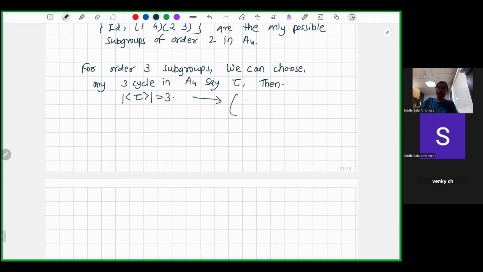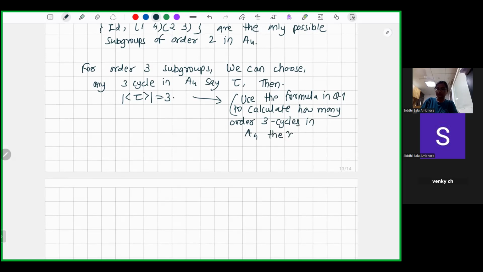So use the formula in question 1 to calculate how many subgroups of order 3, or order 3 cycles, in A4 are there.